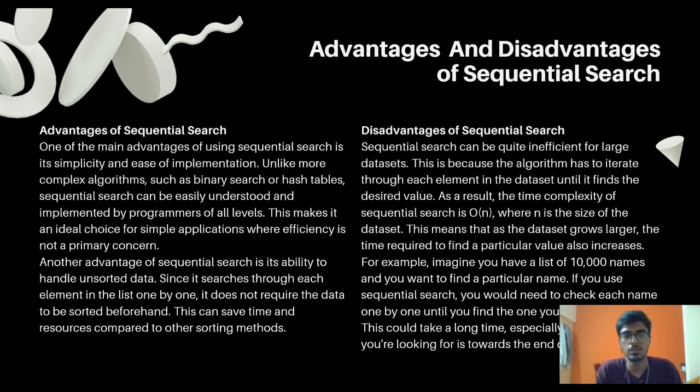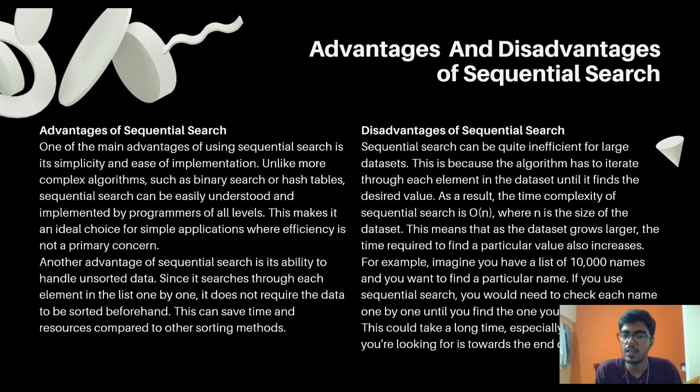Disadvantages of sequential search. Sequential search can be quite inefficient for large data sets. This is because the algorithm has to iterate through each and every element in the dataset until it finds the desired value. As a result, the time complexity of sequential search is O(n), where n is the size of the dataset.